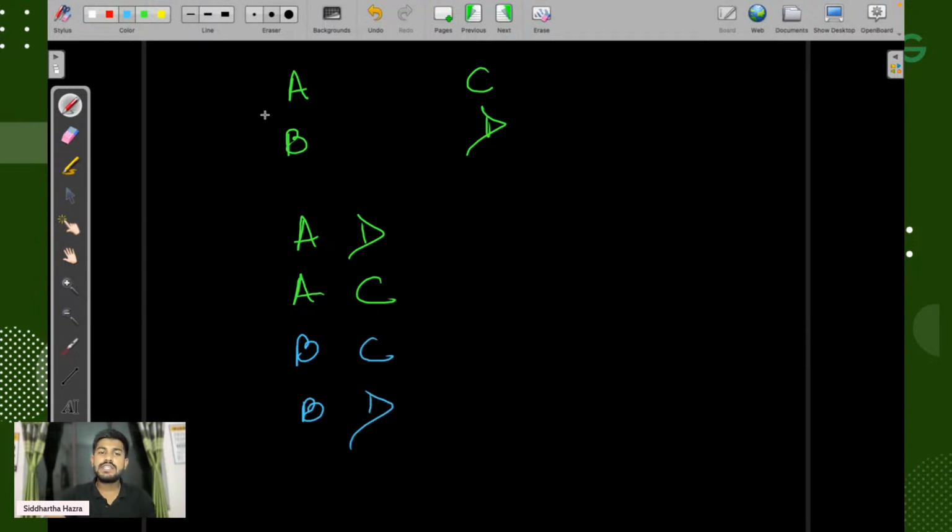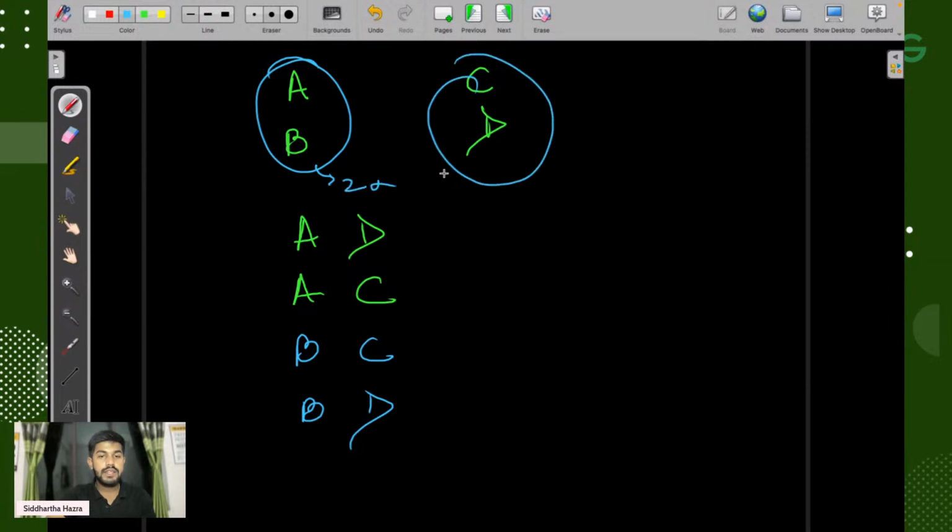So we see that the number of pairs that we can have is nothing but the number of elements here, that is 2, multiplied by the number of elements here. So the number of elements on the right hand side multiplied by the number of elements on the left hand side would be the number of pairs we can have.